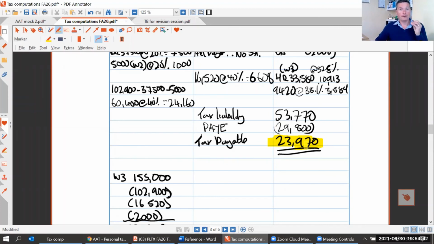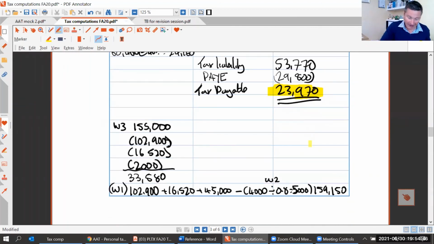So, Pat, the figure you need to check if the income is over £100,000 is the adjusted net income figure, which is a figure you will never, ever use in the actual computation. That is all your income added together, and you take off any gross private pension contributions or gift aid contributions, not give as you earn.